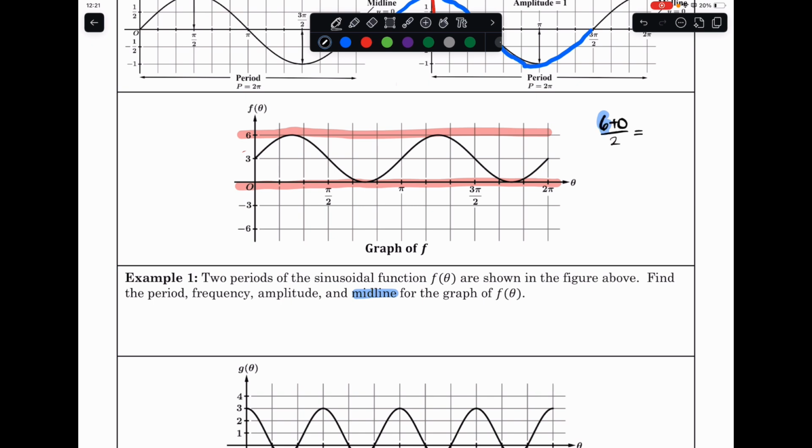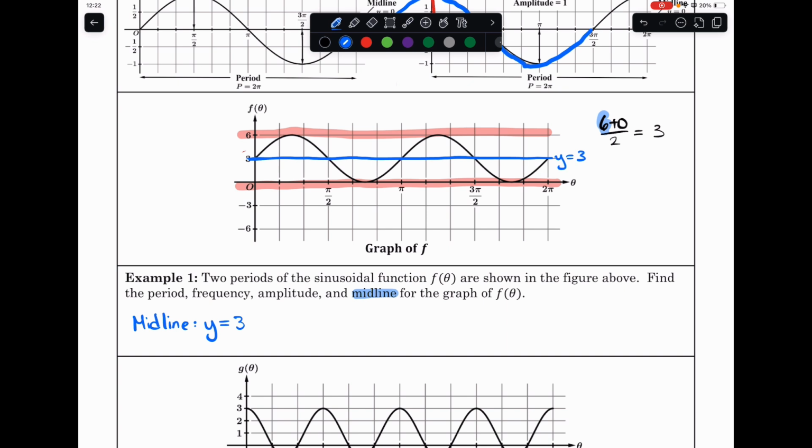Well, 6 plus 0 is 6, divided by 2 is 3. So our midline here is going to be this blue line, which is at y equals 3. You could also just see that and automatically identify the middle, but mathematically, that's how you do it. So our midline is the equation y equals 3.